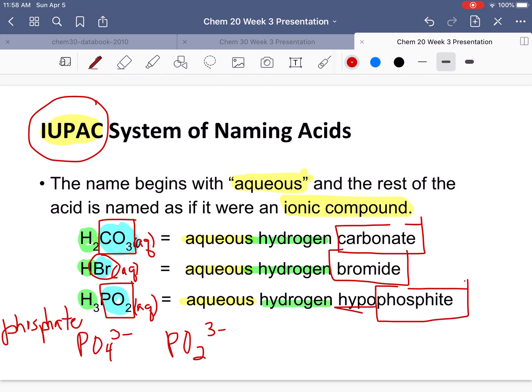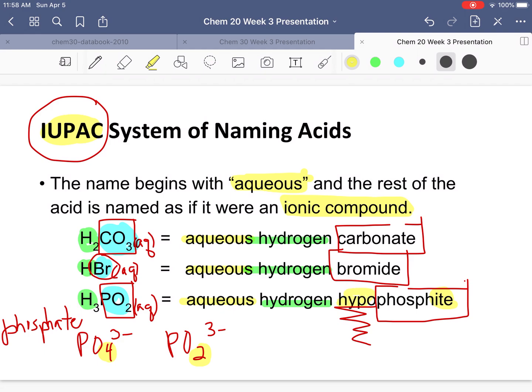And it's not just phosphite, it's hypophosphite. The reasoning behind this is the phosphate has 4 oxygens, and the hypophosphite has 2 less. It doesn't even just have 3, it's got 2. So this is where the hypo comes from, saying, hey, it's way less. And this is where the ite comes from, saying it's less than it was.